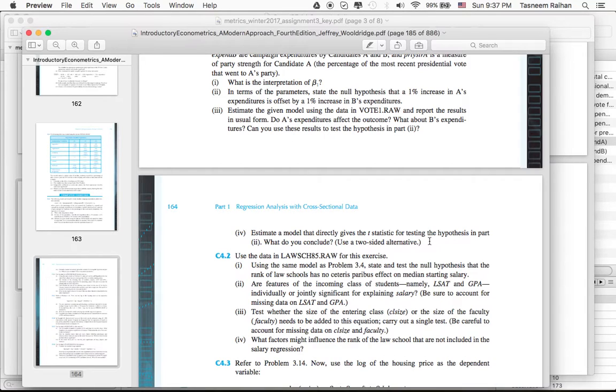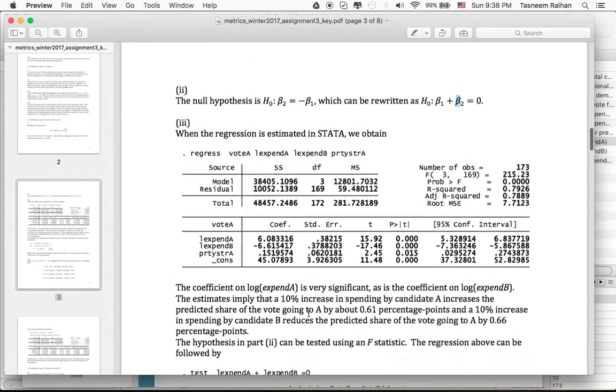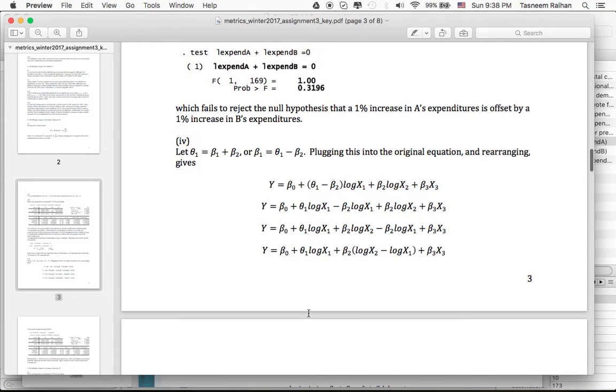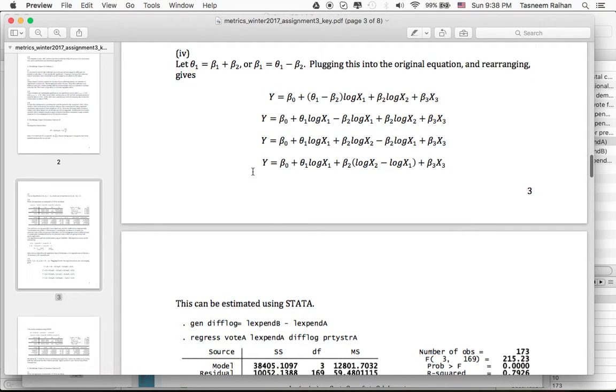Now, to do this, we have to do some rearrangement with the original model. First, we have to define a new parameter. I have got them written down here for you guys. It'll just be quicker to go through what I've got here. So this is our null hypothesis: beta 1 plus beta 2 equals 0.